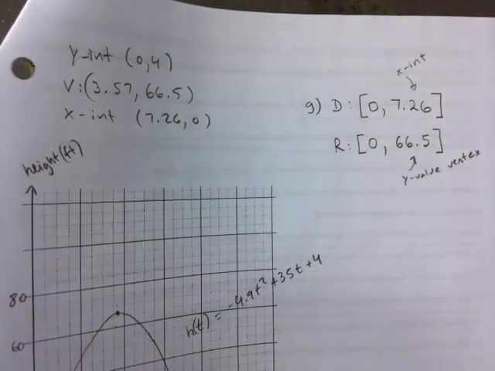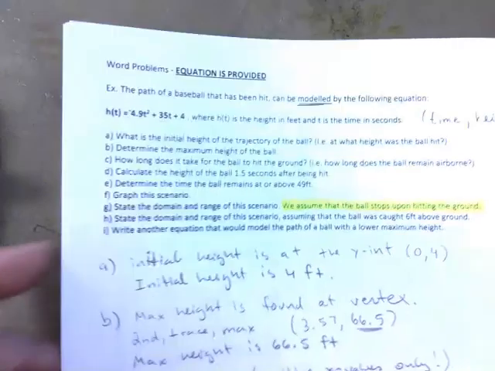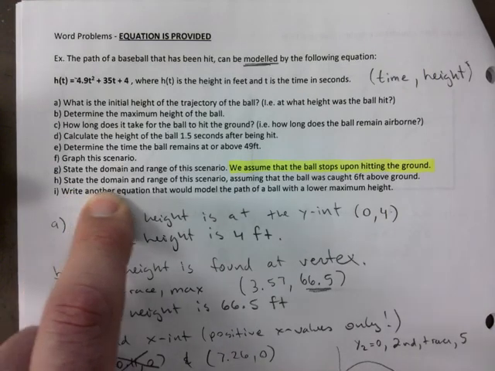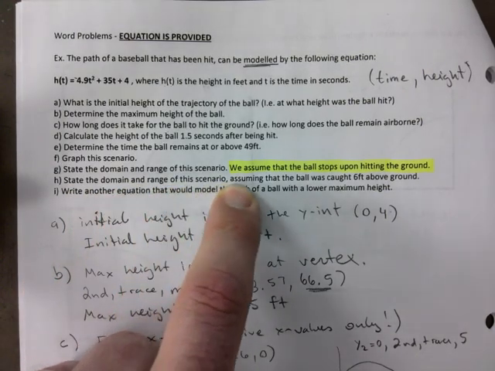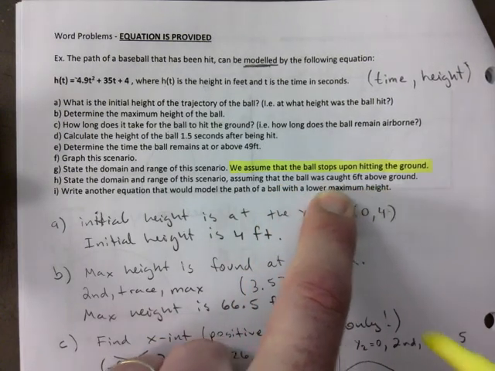Next, the other domain and range. So try to follow along here. H says, state the domain and range of this scenario, assuming that the ball was caught 6 feet above the ground.